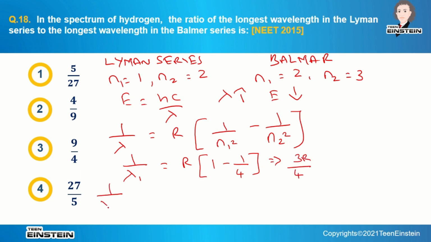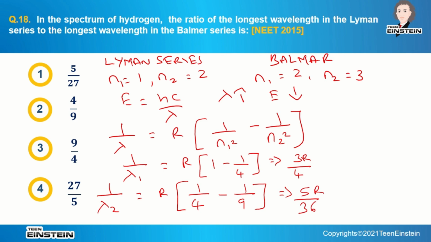Similarly, for Balmer series, you will be having 1 by lambda 2 equal to R into, here n1 is 2, so it will become 1 by 4 minus 1 by 9. So if you solve this, you will be getting 5R by 36.